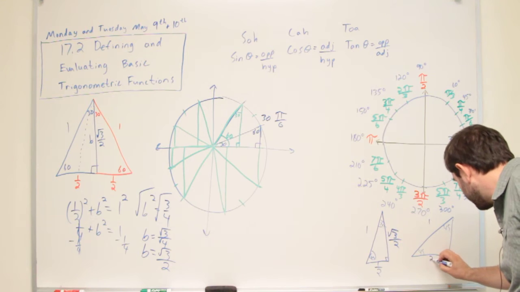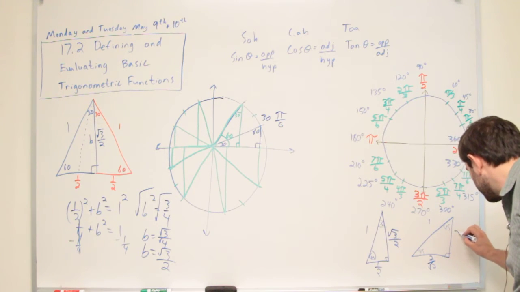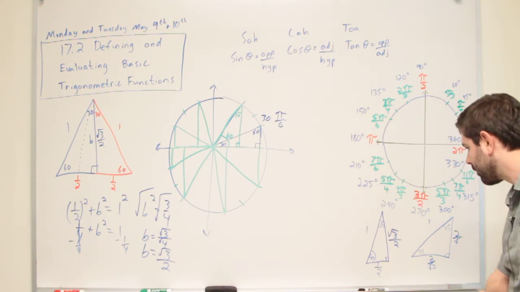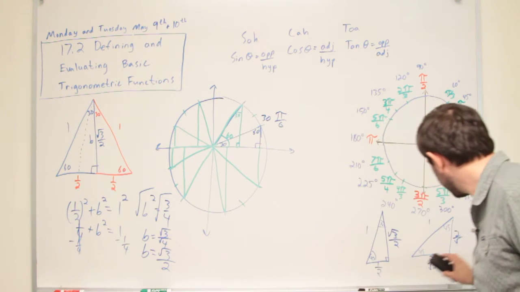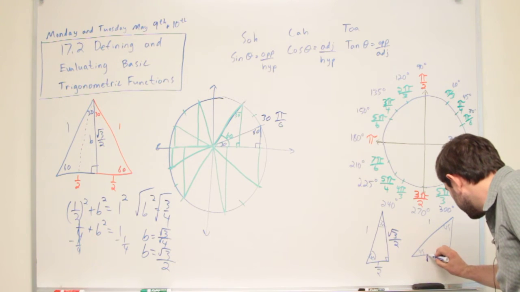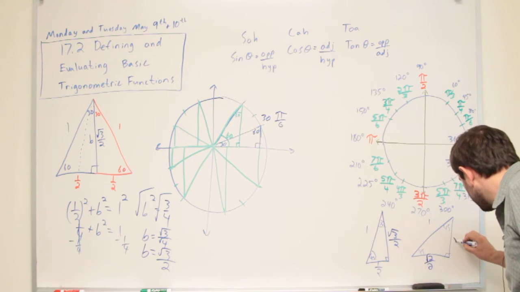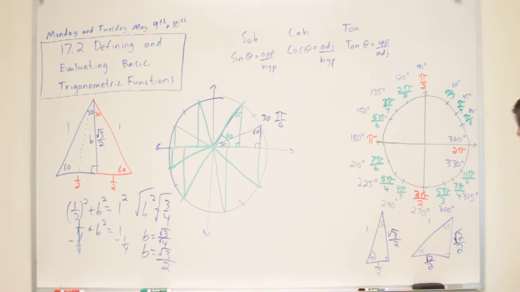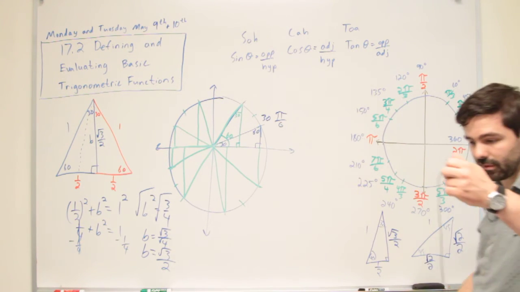If this is 1, we have root 2. Nope, that's not quite right there. It should be root 2 over 2. Okay, so those are our references there. And we're just going to use these relationships to fill in and do whatever it is that they're asking us to do.